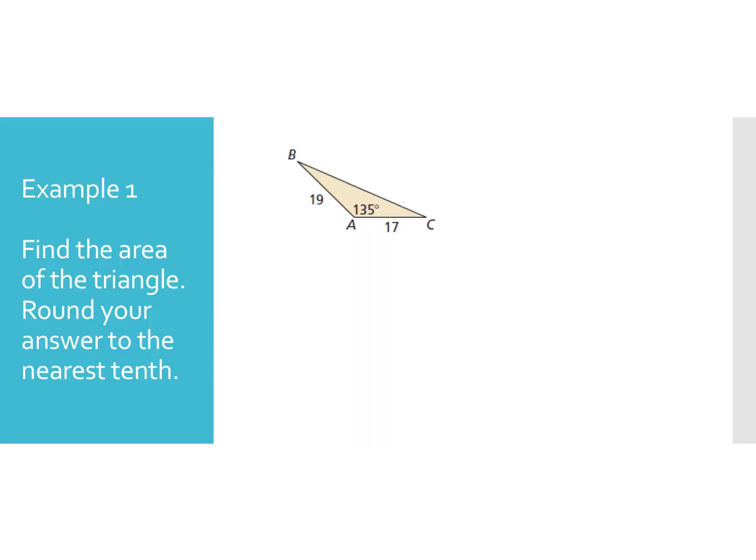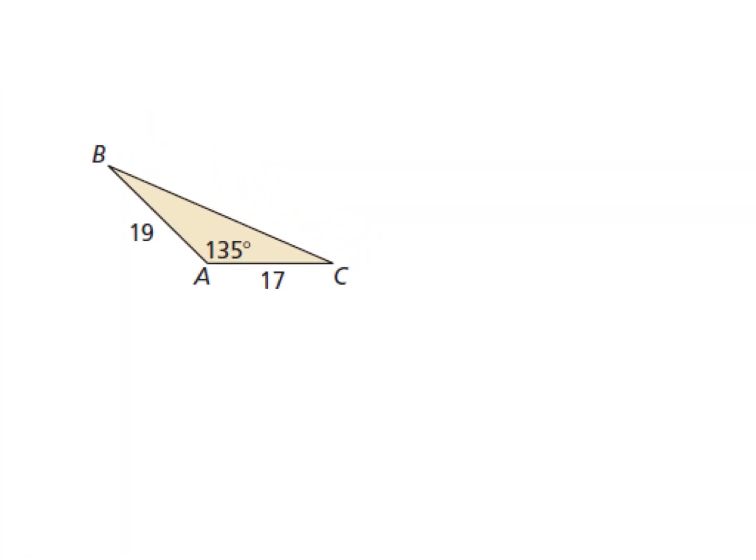All right, looking at this example, find the area of the triangle. Round your answers to the nearest tenth. So looking at it, they're giving me two sides and an angle. So knowing my formula, knowing my rule, area is equal to 1/2 my sides. Which sides are they giving me?